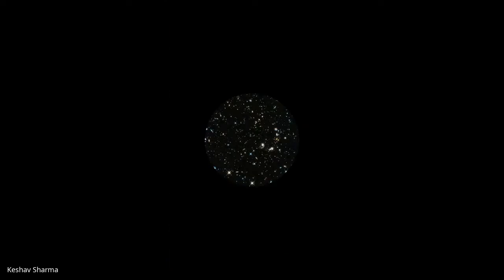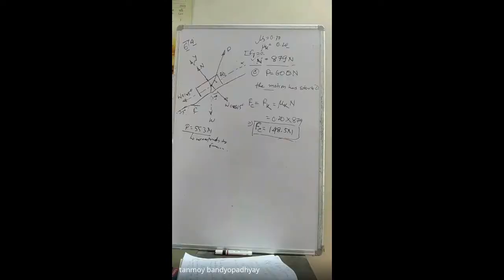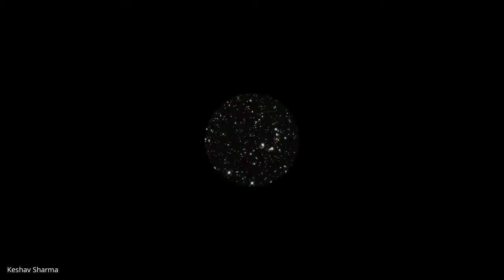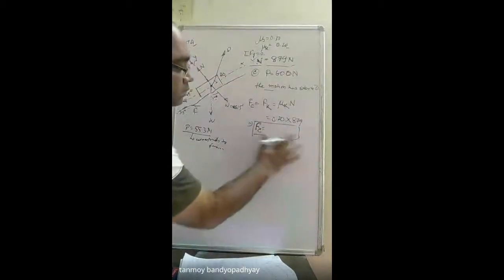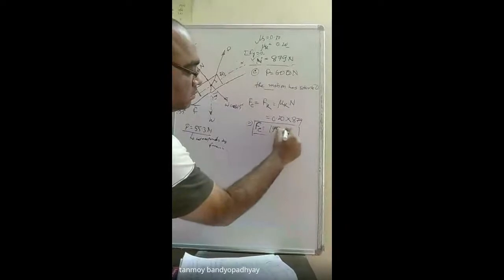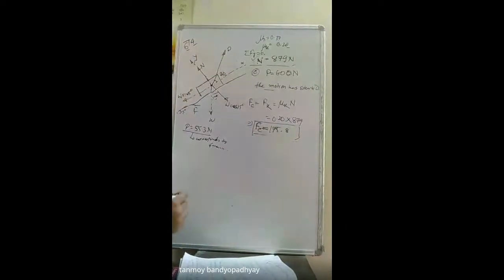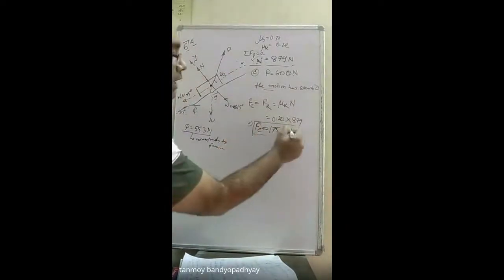Sir, 175.8 আসছে। হ্যাঁ, 175.8। ঠিক আছে, so using FC we are getting this one.